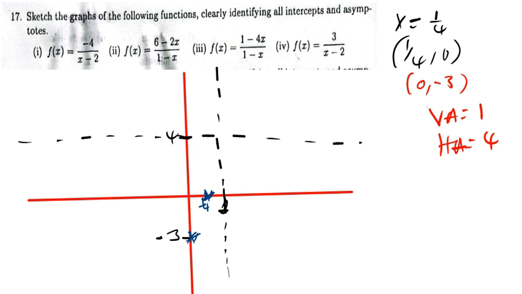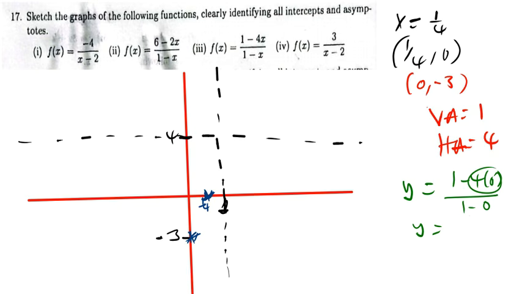But why did we find negative 3 here, if I may ask? Yeah, I think we made a mistake. Let's redo it. We are finding the y-intercept, right? Y is equal to (1 minus 4(0)) over (1 minus 0). It should be 1, because this is going to be 0.